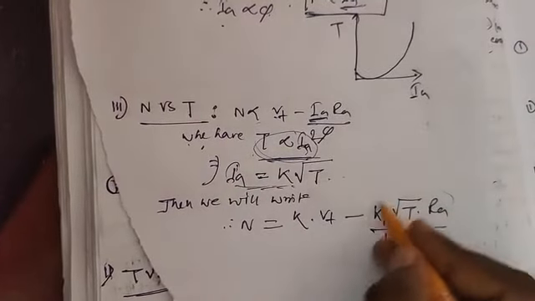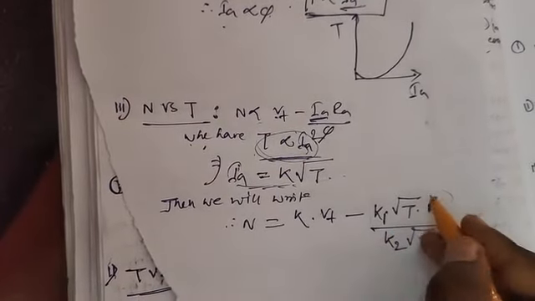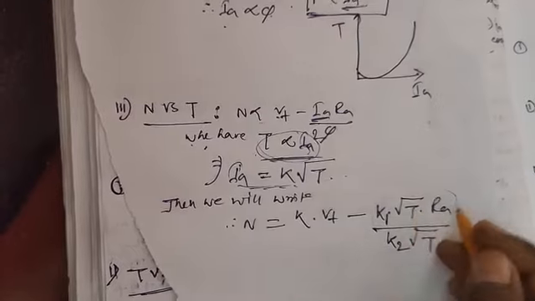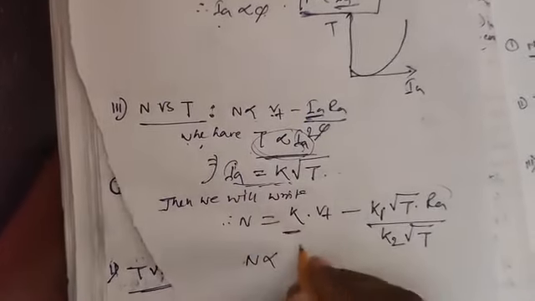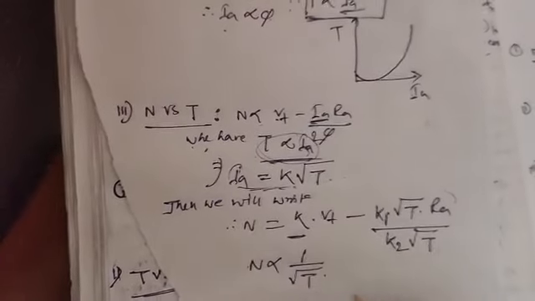Now this value is very small, so it is ignored. So you can write N is proportional to 1 by root T.